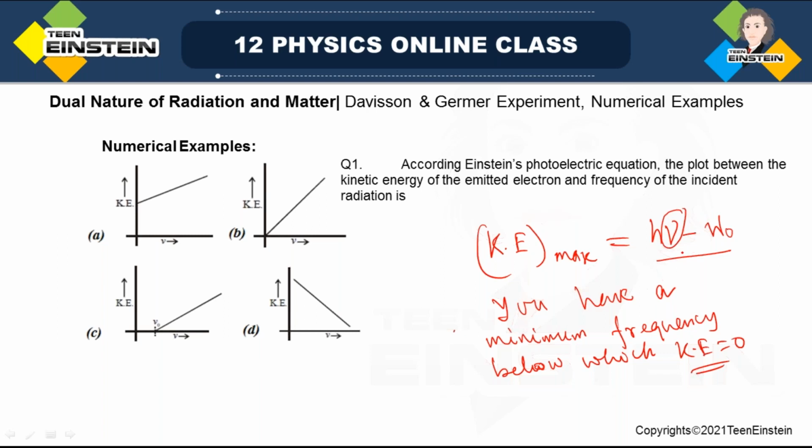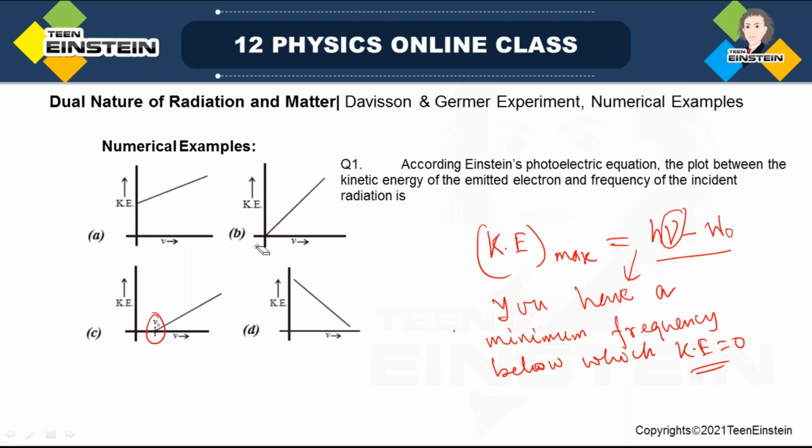From Einstein's equation you can infer this. Out of these four curves, see, there are two where the kinetic energy is zero: this one and this one. Otherwise, the kinetic energy is not starting from 0, at least we don't see a zero in the range of this frequency. So these two.